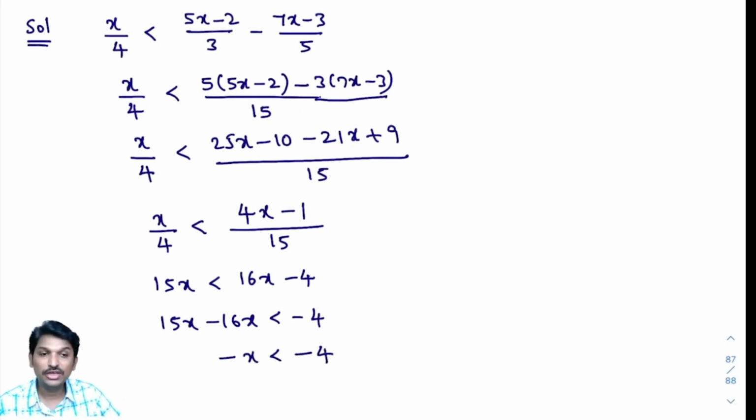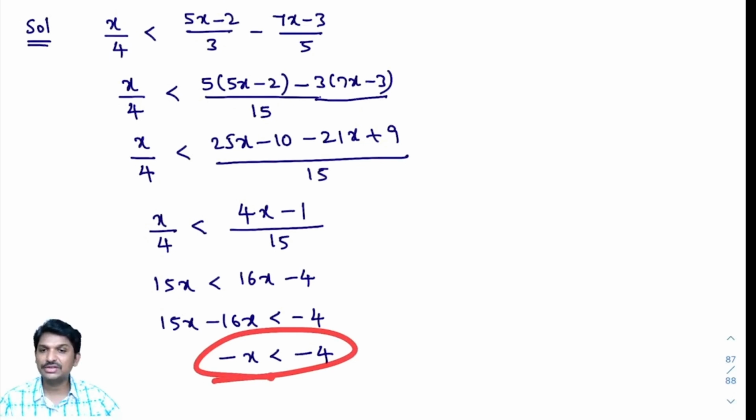What I am looking for? I am looking for x values. That means I want x in the left hand side part. To get x in the left hand side part, you multiply this inequality both sides with minus 1. Minus 1 is a negative real number. For an inequality, if we multiply with a negative real number, the sign of the inequality changes.